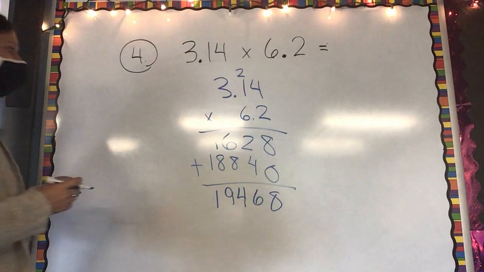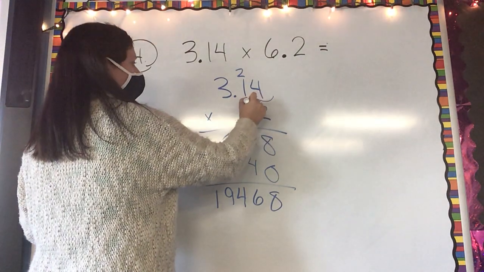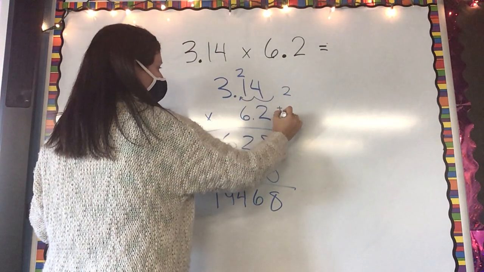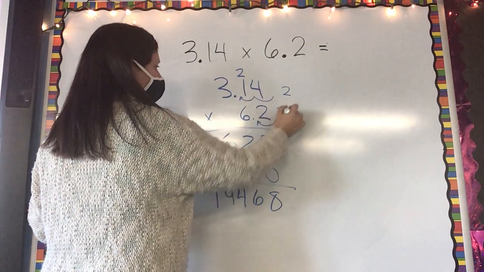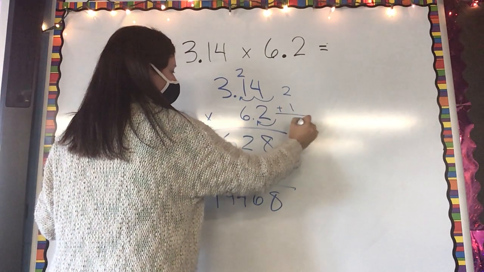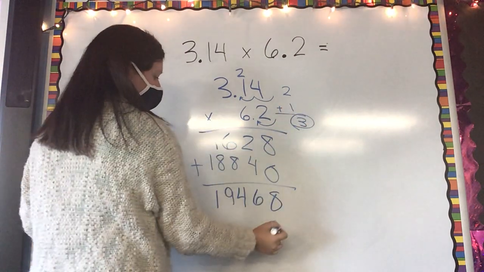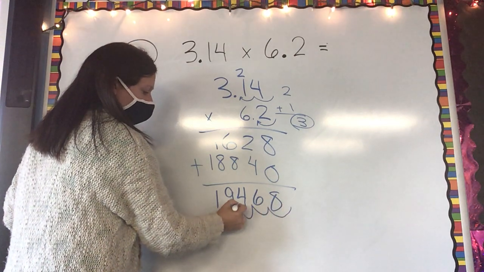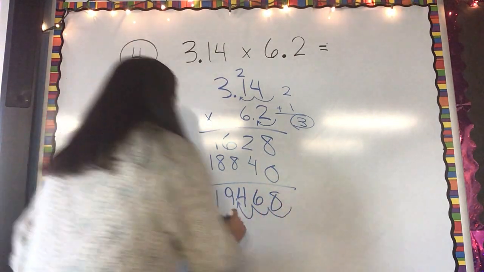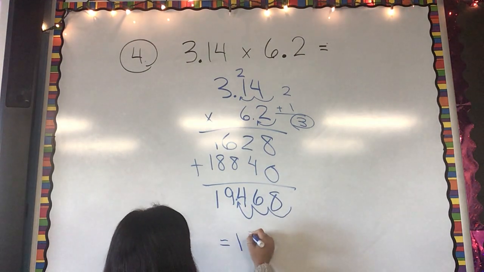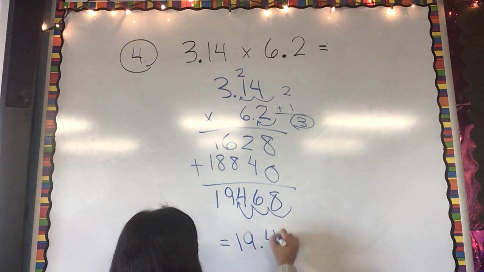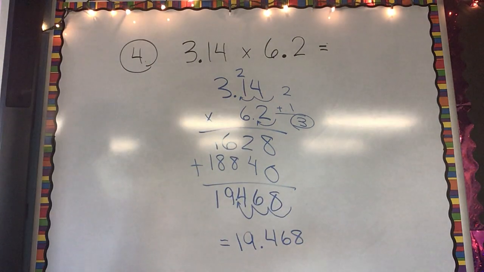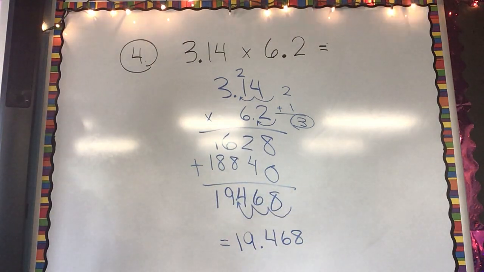All right, let's count our decimals. 1, 2, plus 1, to give me a total of how many decimal places? 3. I come down here: 1, 2, 3. For our final answer, show me a thumbs up if you guys got that.